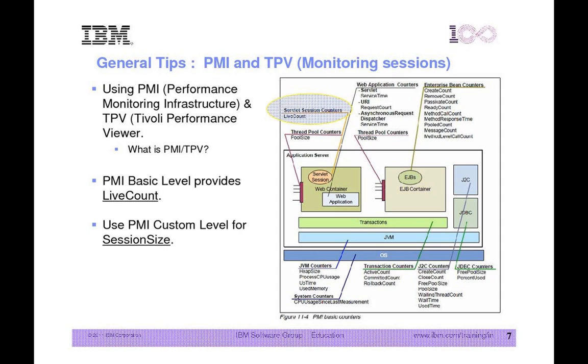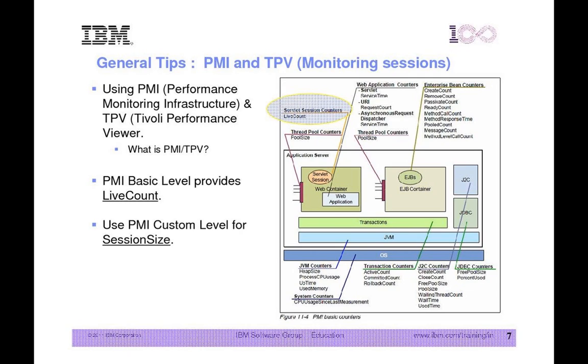The same data is available with EJB and EJB methods also. Regarding thread pools, it will tell you how many thread pools there are, what the pool size was, what the active threads were, and what the free pool is. All that information you will get using the PMI.